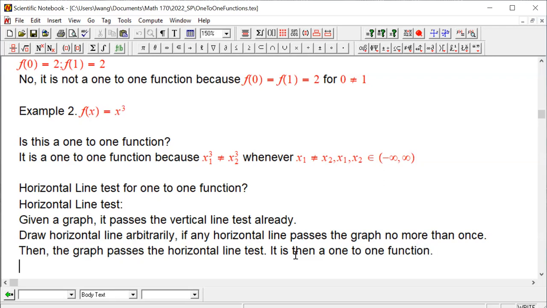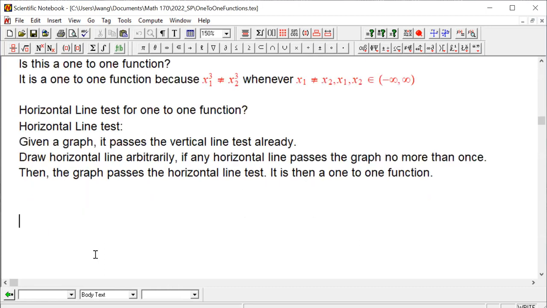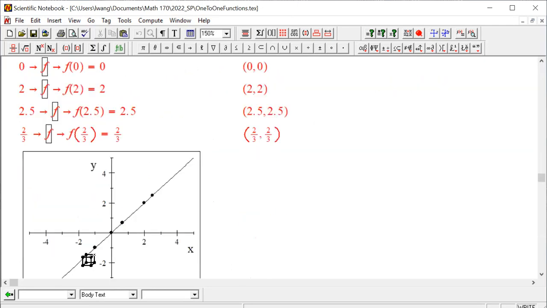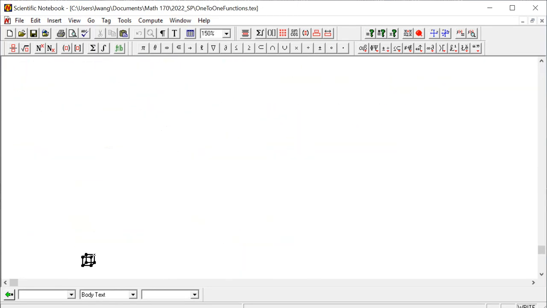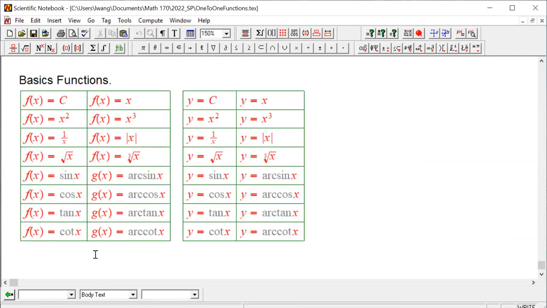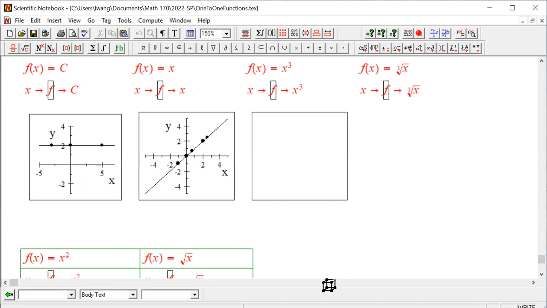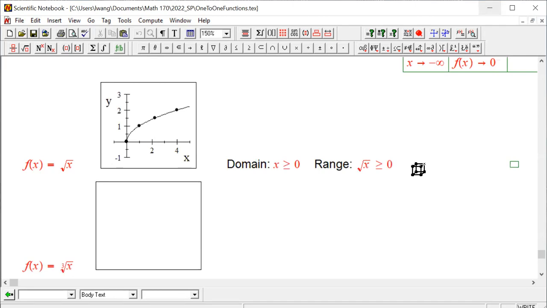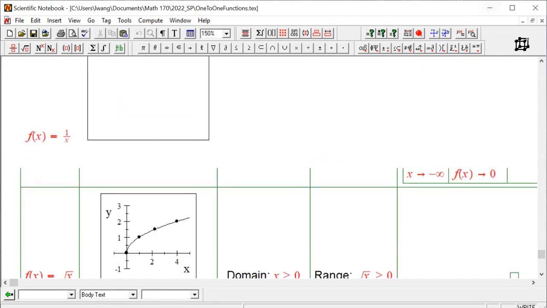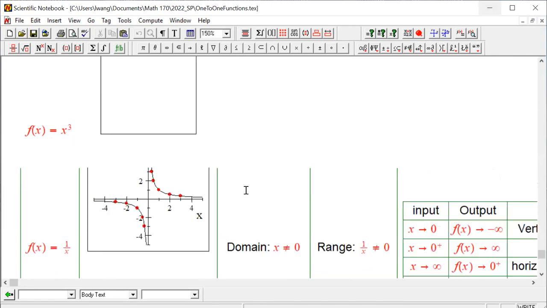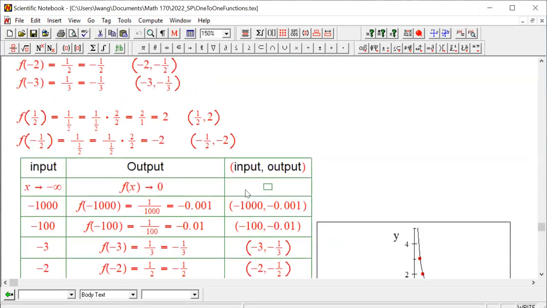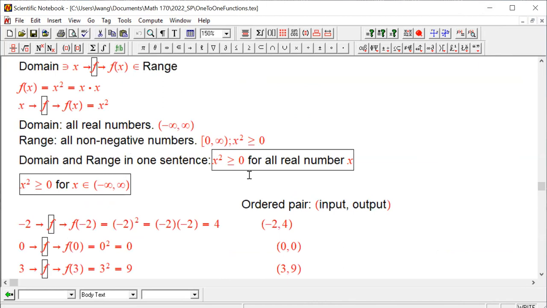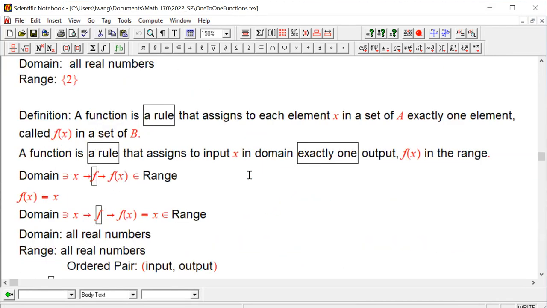Okay, in the previous two examples we did, we are pretty familiar with these graphs. So let me bring the graph that we did from before. We have the graph. Where's our cube function? Cubic function right here, x to the power 3.